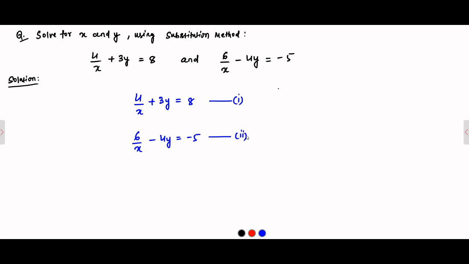So in all the previous questions that we have solved, the variable x or y was always in the numerator along with the coefficient, whatever it is, 2x, 3x, 4x, 5x, or 2y, 3y, 5y, 9y, like that. Here one of the variables, that is x, is in the denominator.